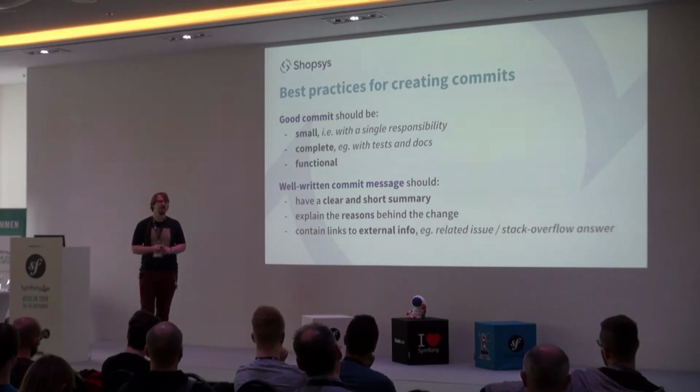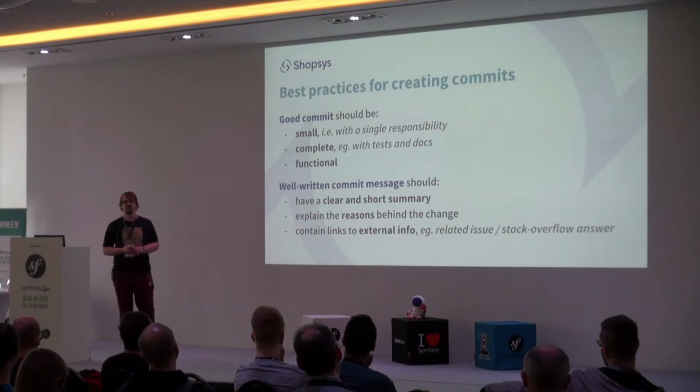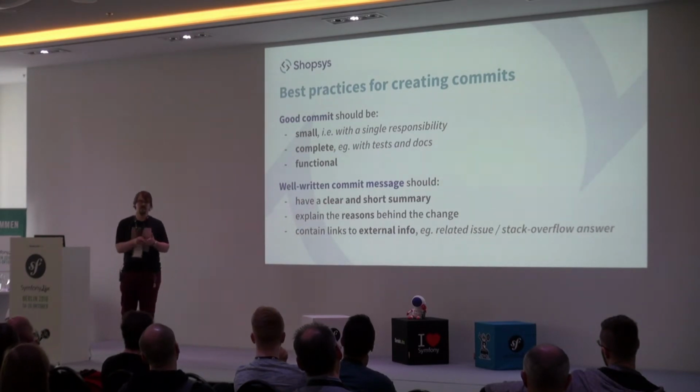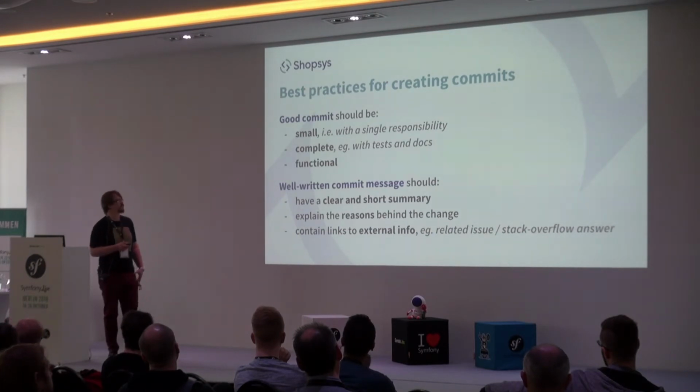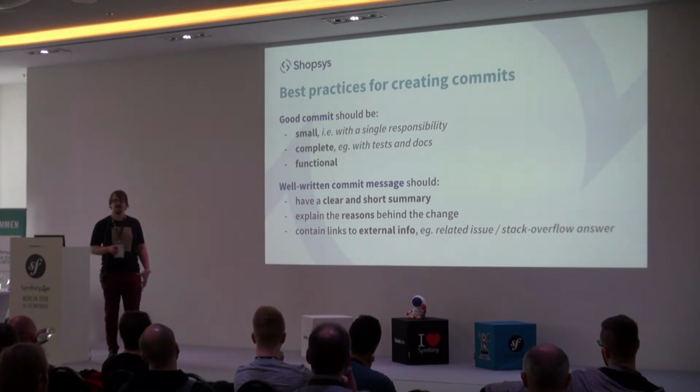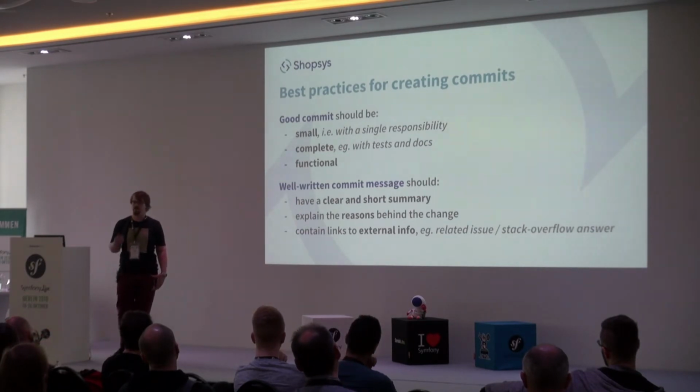Because then, from our experience, it's much better to have just a commit which says, for example, search and replace of this part to this part, and have that in a single commit, even if it breaks the application, and have it fixed afterwards.